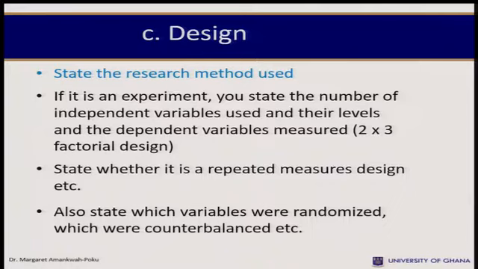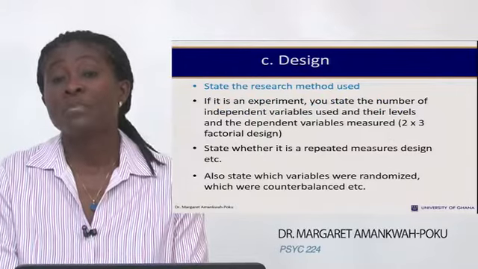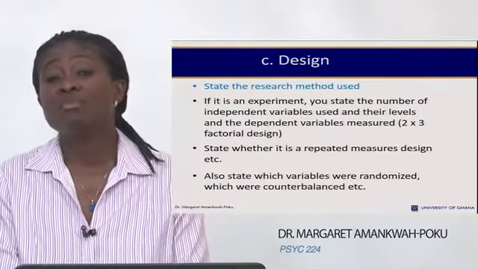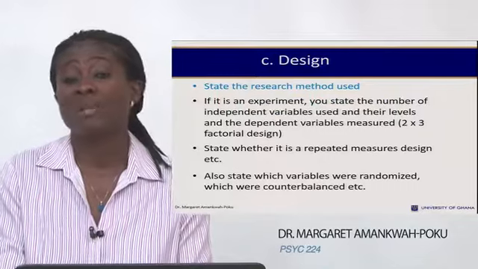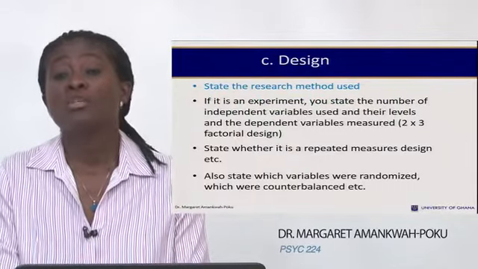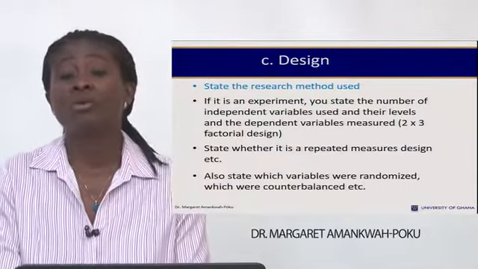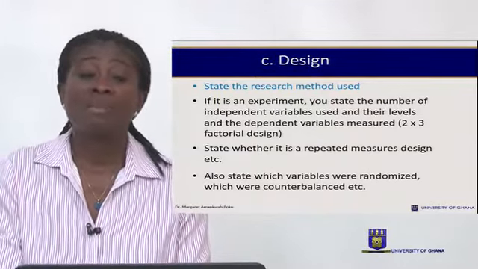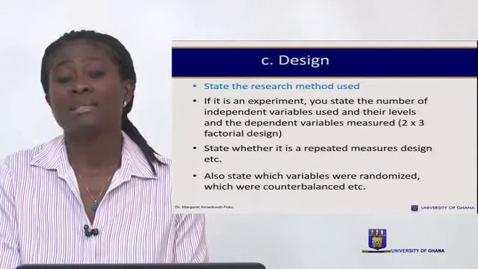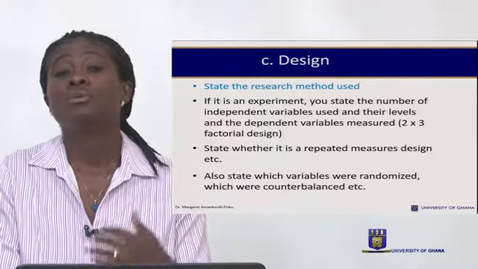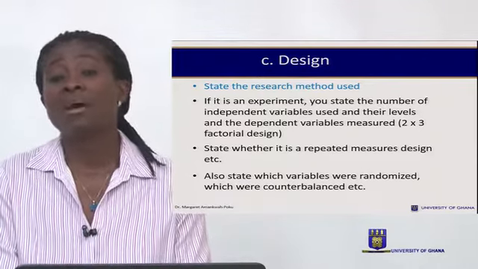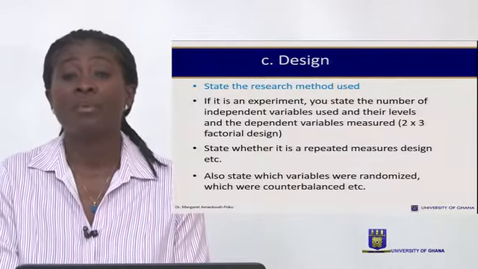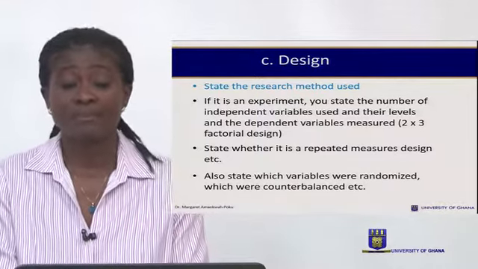So how many independent variables did you test? How did you manipulate them? How many levels did the independent variables have? Did you use a repeated measures design, or a between participant design? If you used a within participant design or a repeated measures design, did you counterbalance the order of the presentation of the independent variable, among others?